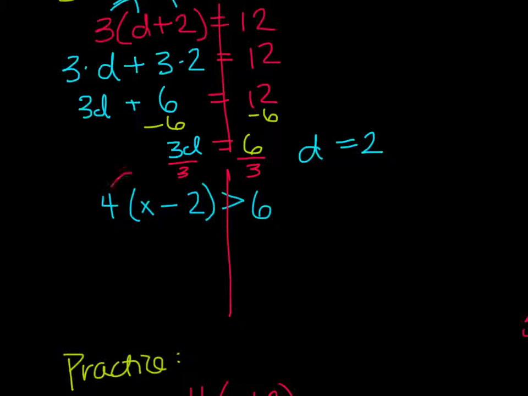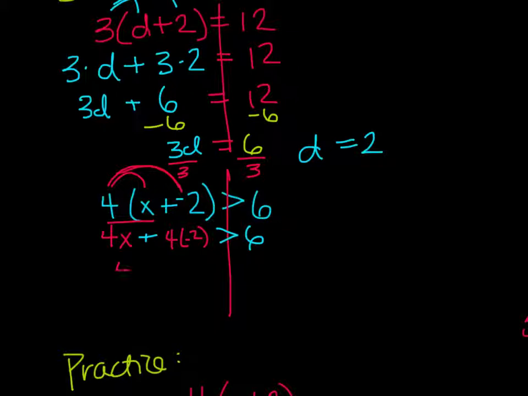So our first step, let's do the distributive property. We have 4x from this situation, and now let's do 4 times negative 2. Essentially, let's rewrite this negative 2 as plus a negative, so we have a plus right there. 4 times a negative 2 is greater than 6.